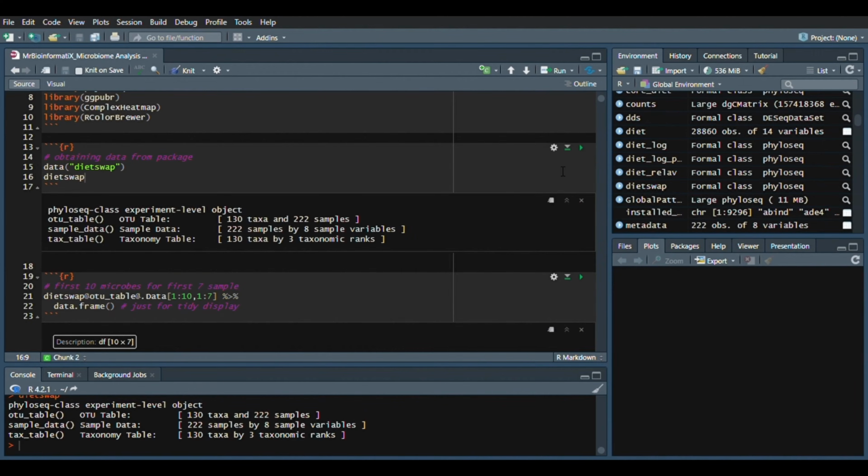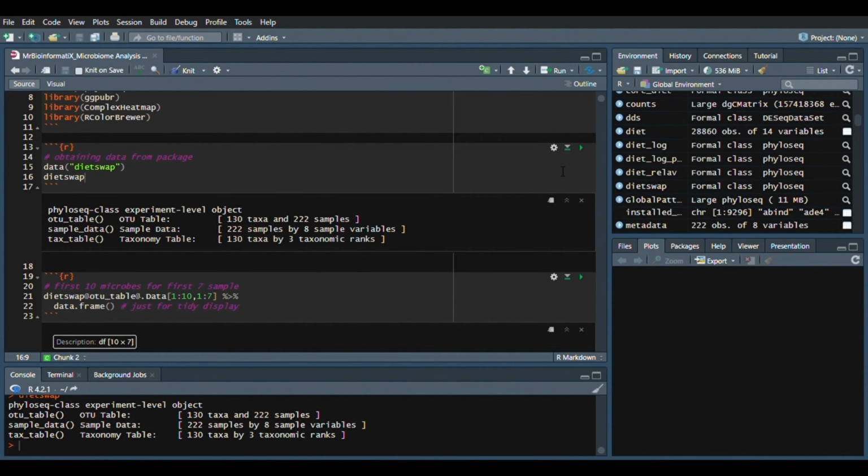As you can see, we have the OTU table, which contains 130 taxa and 222 samples. This table holds the counts of operational taxonomic units, or OTUs, for each sample. Then, sample data, 222 samples with 8 sample variables.